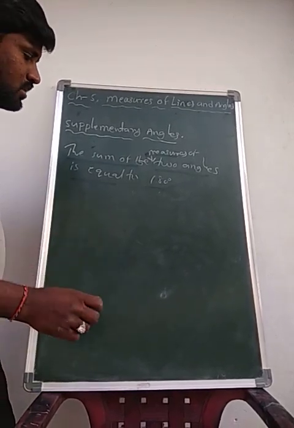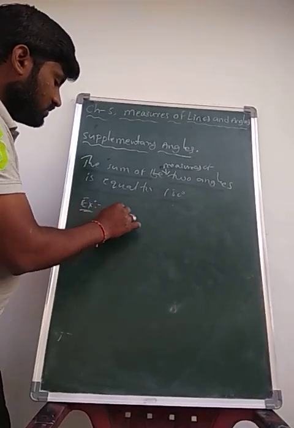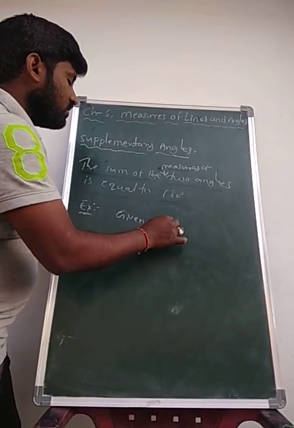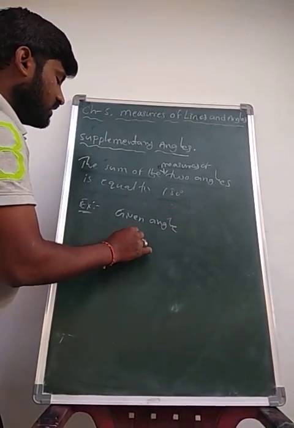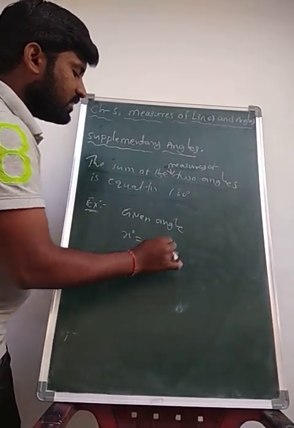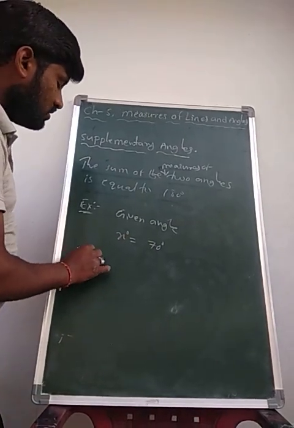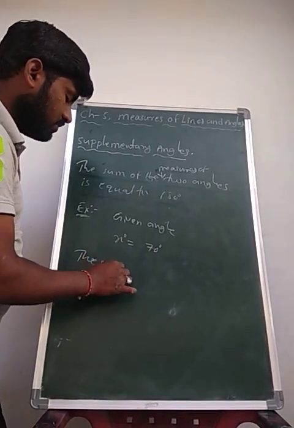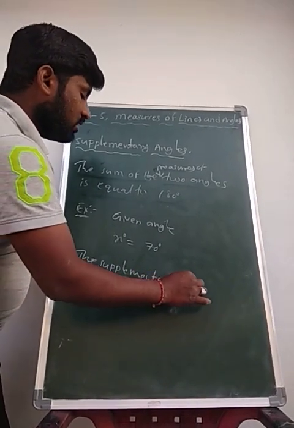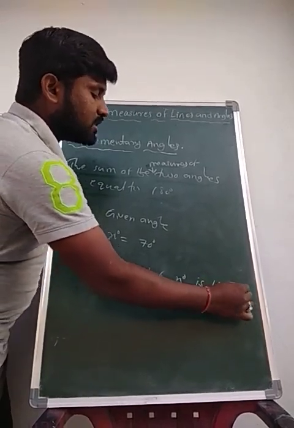For example, you see the given angle x degrees is equal to 70 degrees. Then what is its supplement angle? The supplement of x degrees is 180 minus x degrees.